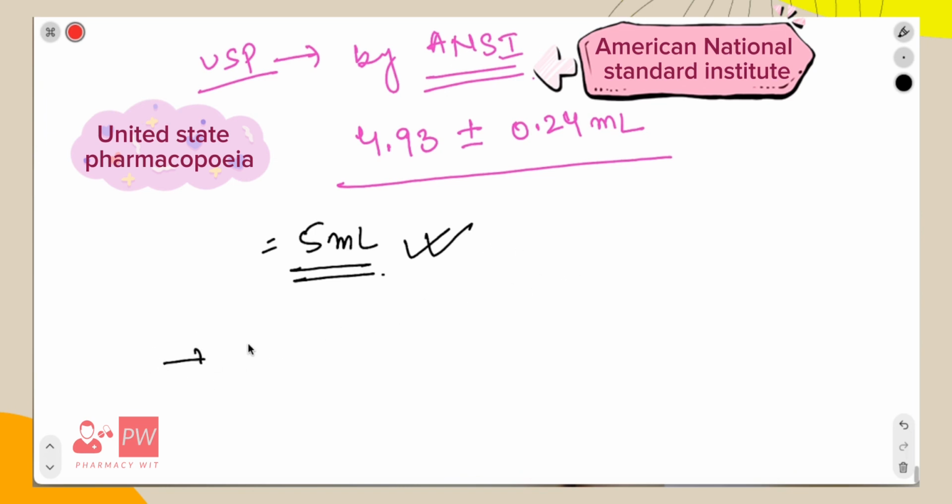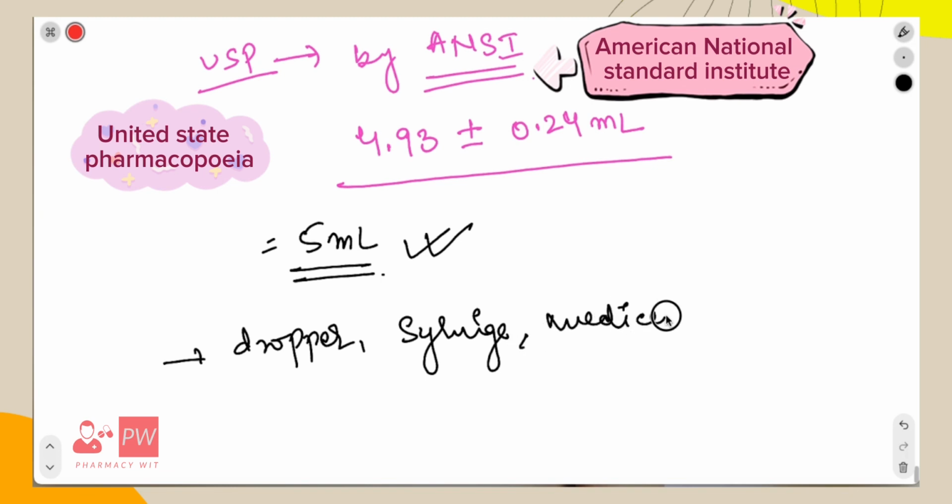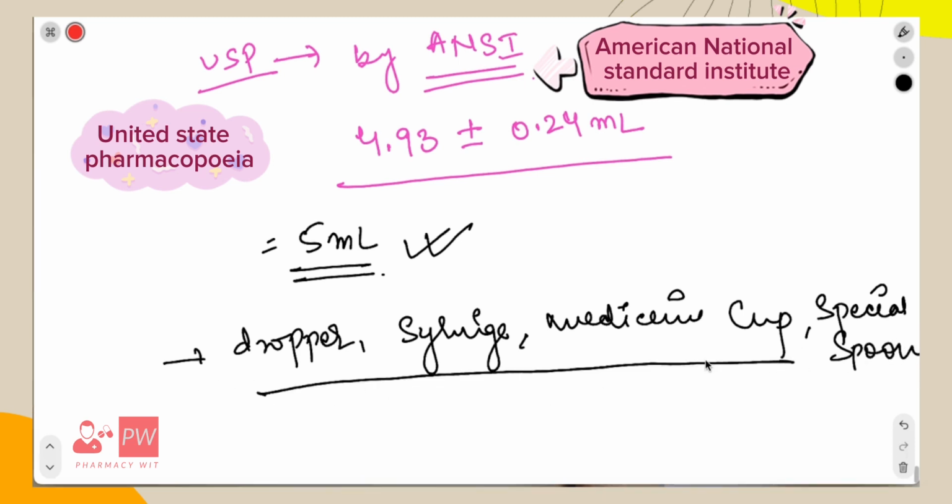Any dropper, syringe, medicine cup, special spoon, or any other device used to administer the liquid should deliver 5 ml wherever a teaspoon calibration is indicated.